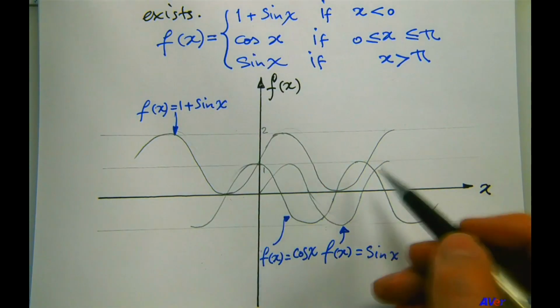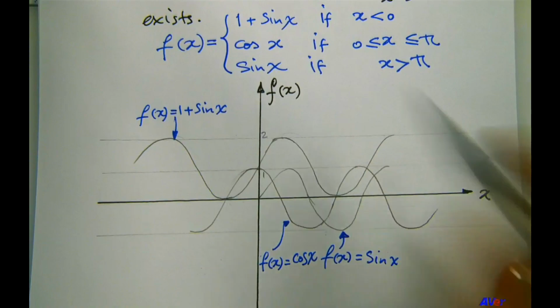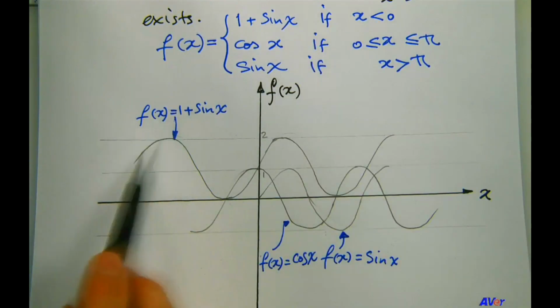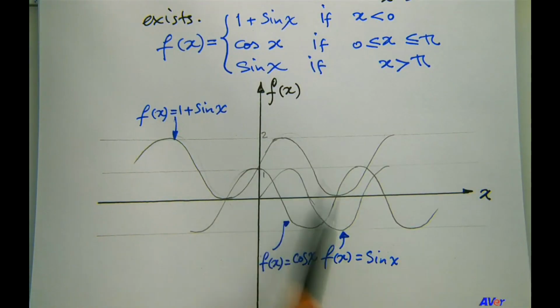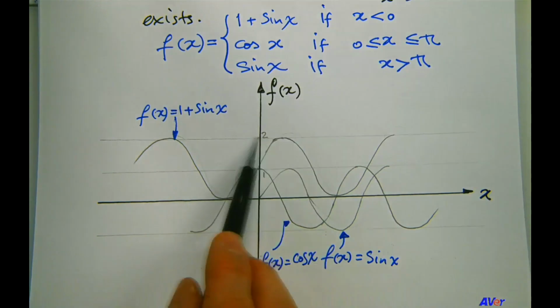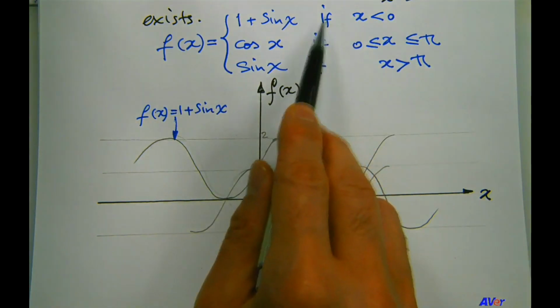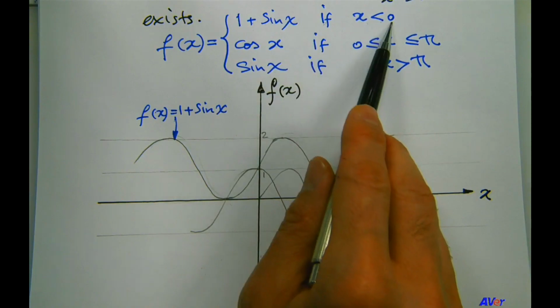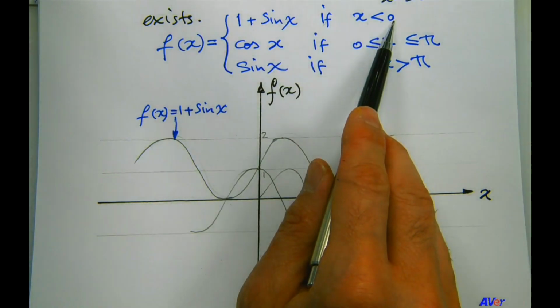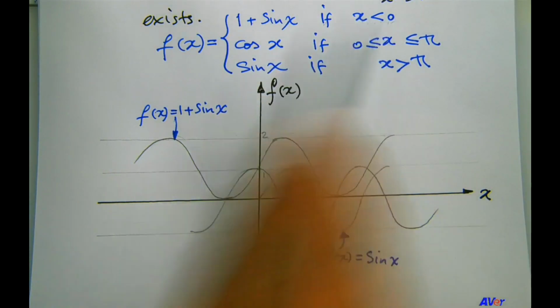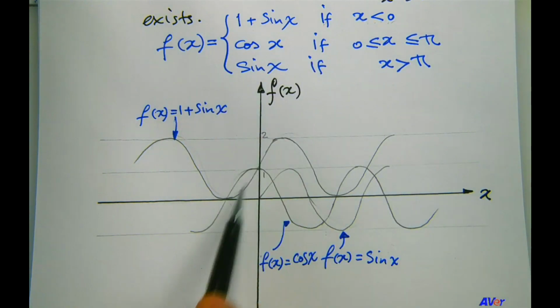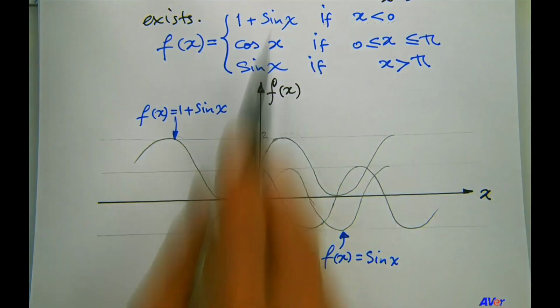Okay, so now looking at this function, this big curve that goes from 0 to 2, should exist only for x values that are less than 0. Okay, if x is less than 0, that means that piece, then this is the graph.